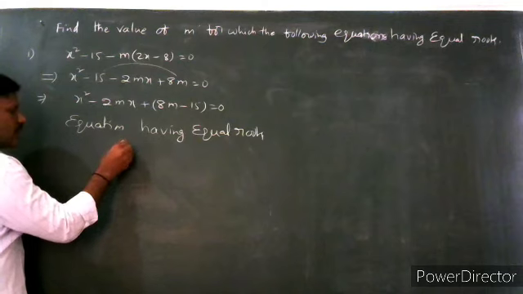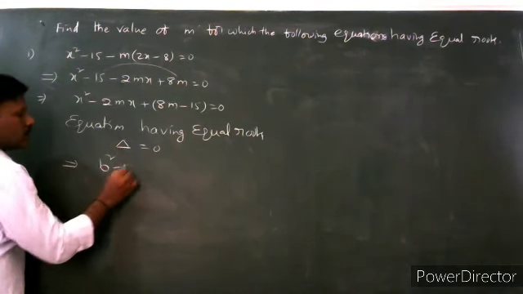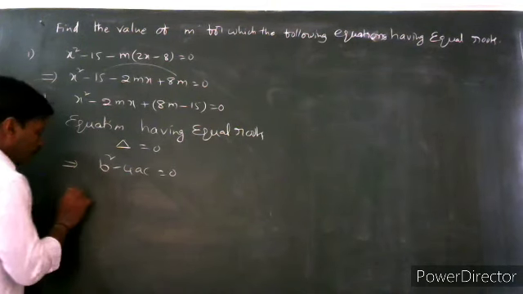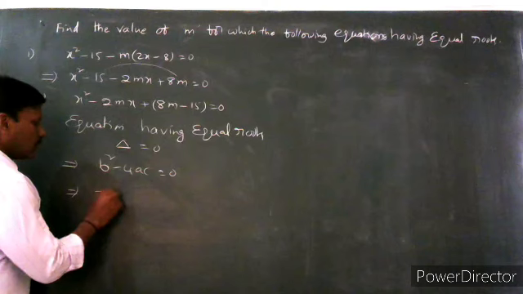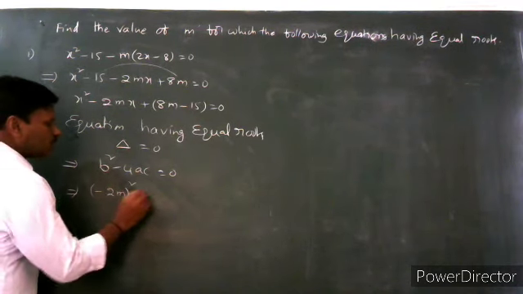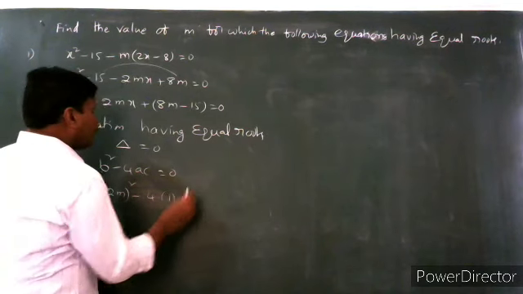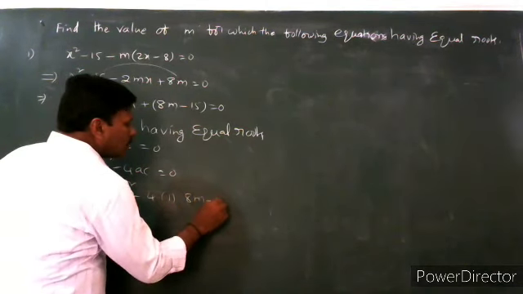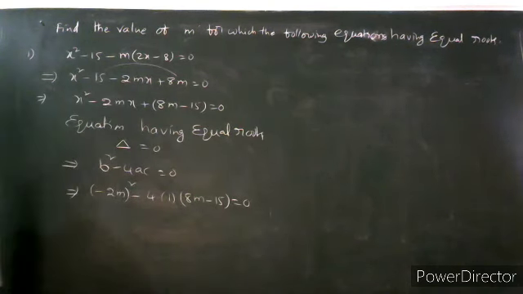That means delta is equal to 0, which implies b square minus 4ac is equal to 0. b means minus 2m whole square minus 4 into a, which is 1, c, which is 8m minus 15, is equal to 0.